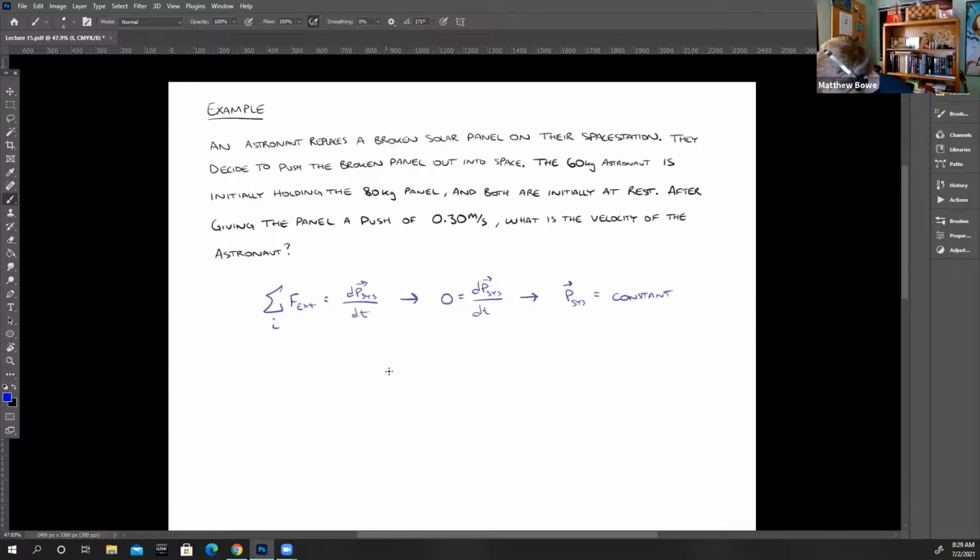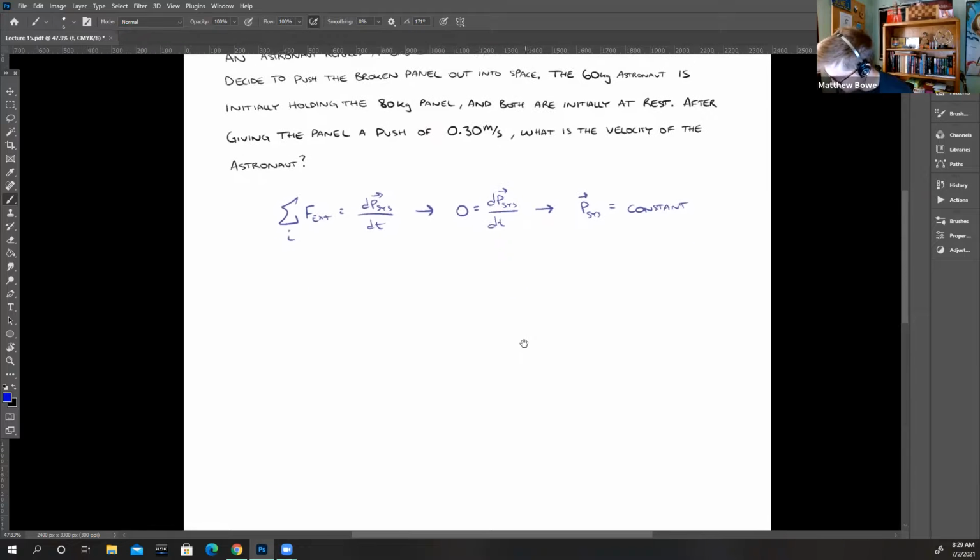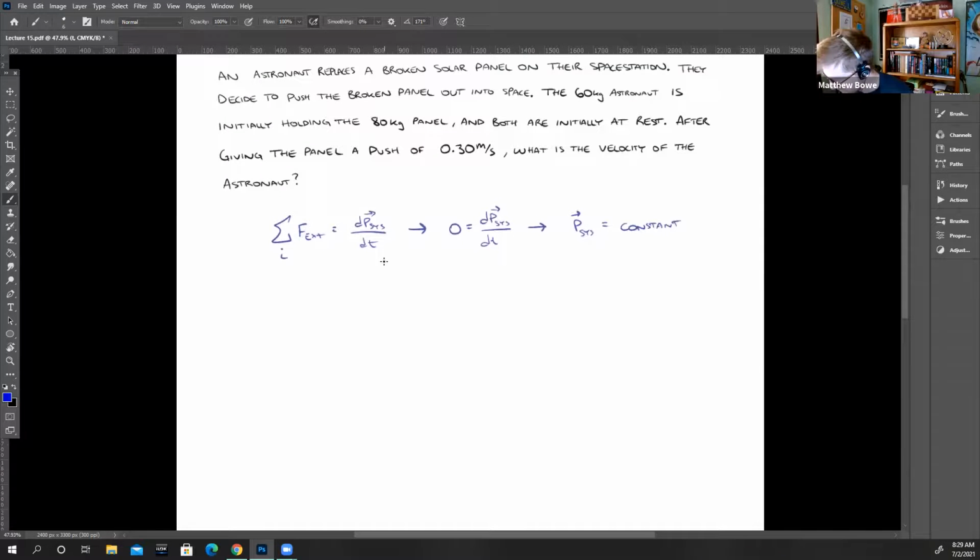So we have a momentum of the system, initial. So that's going to be our initial state. What will be our final state? Well, we're going to say after the astronaut gives this panel just a push out into space.